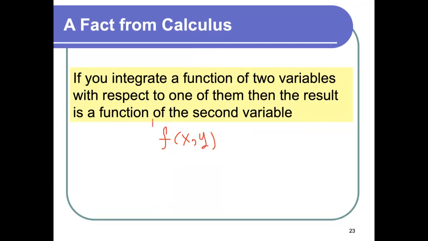If I integrate with respect to y only, then the result will be another function, call it g of x. The reason is that once you do the integral, you basically evaluate all possible values of y and cover all of them. So in the end, you get a function of just x. It's not the same as f, but it is some function. This is a fact from calculus.